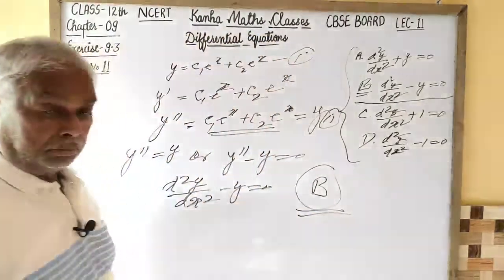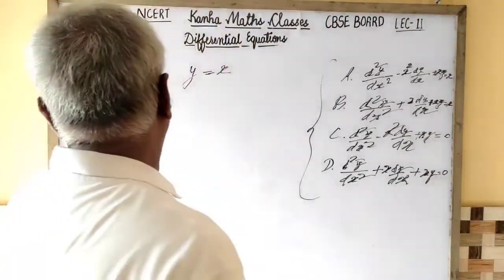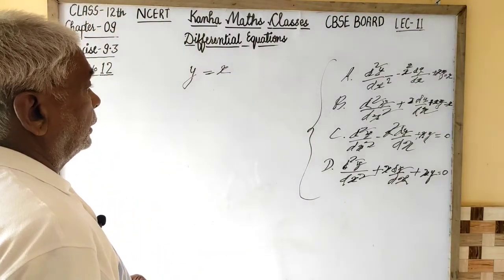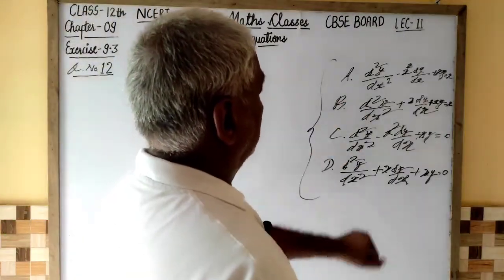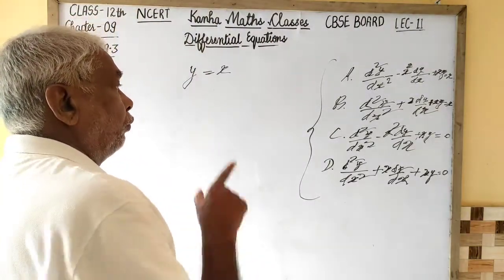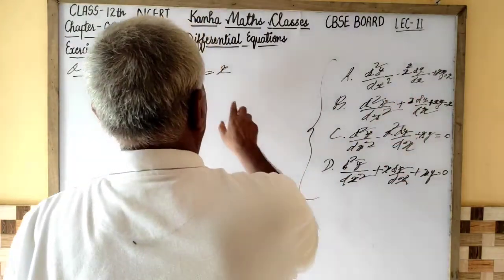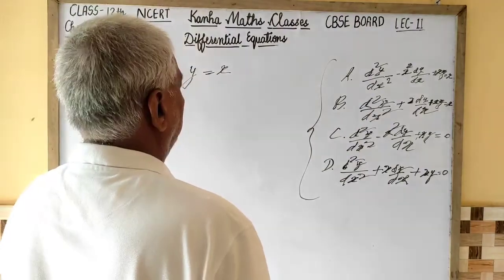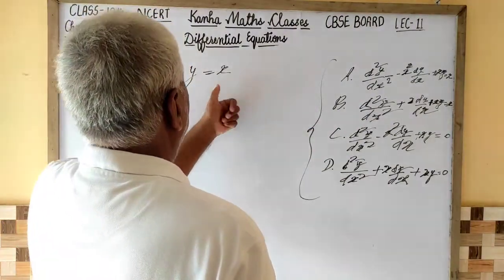Now, in continuation of the previous question, question number 11, here we have question number 12, and we have been given 4 alternatives of differential equation. You have to determine which of these four differential equations has the general solution y is equal to x, and which differential equation secures this general solution.